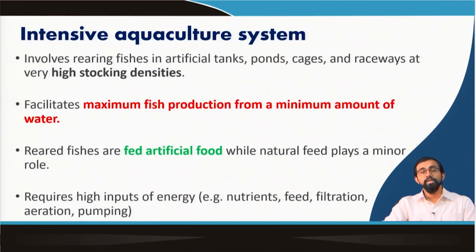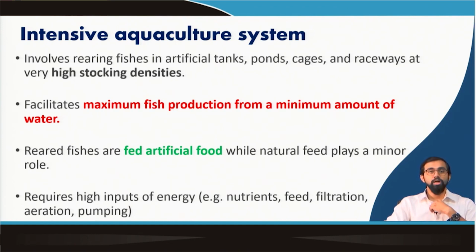Intensive aquaculture involves artificial tanks, ponds, cages and raceways for rearing fish at a high stocking density. It facilitates maximum fish production from a minimum amount of water. We feed artificial food, whereas natural food is almost not available in most cases.